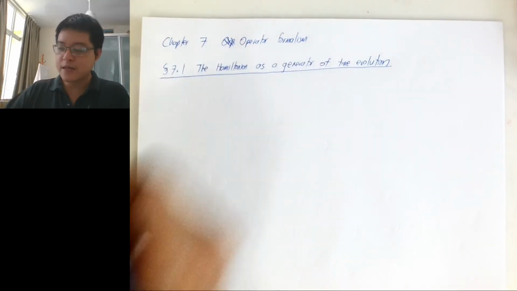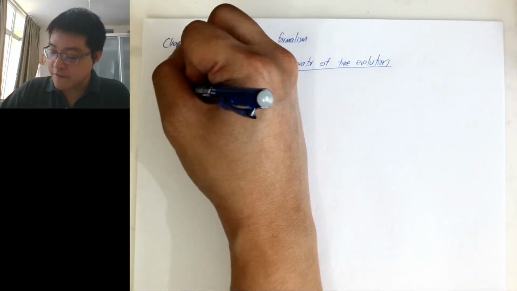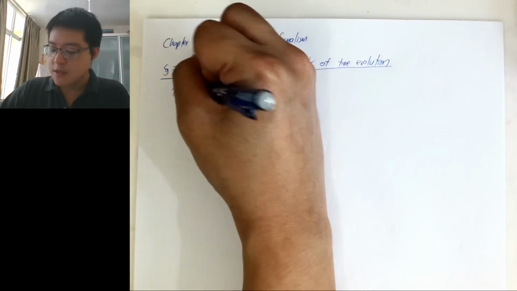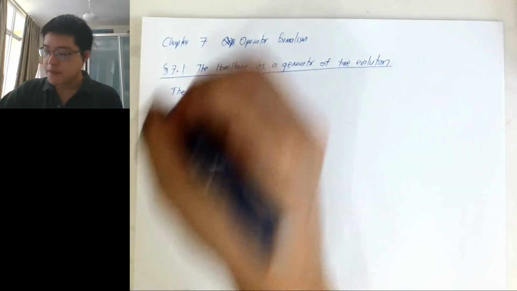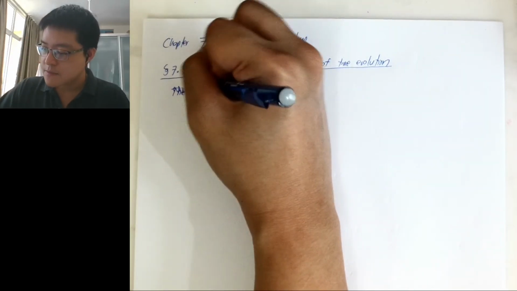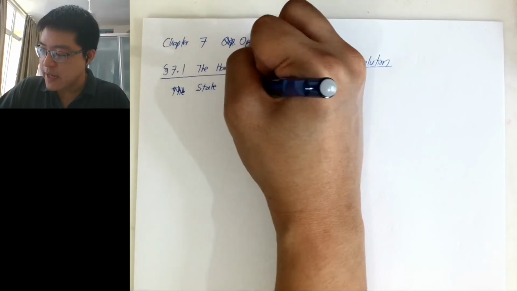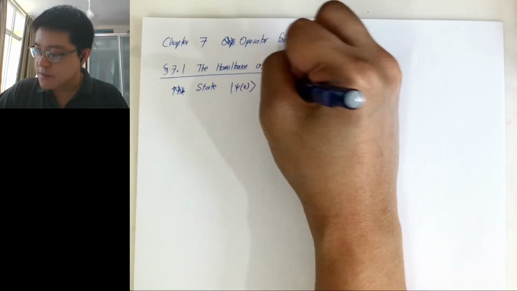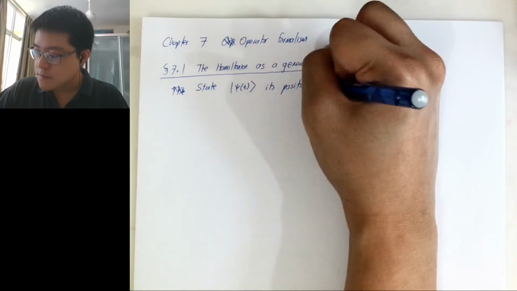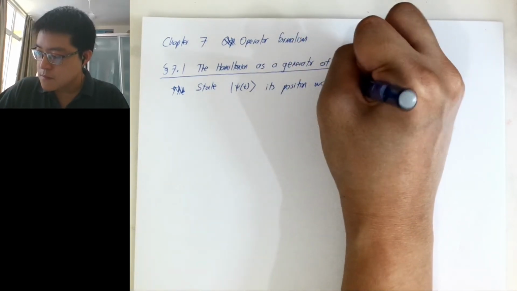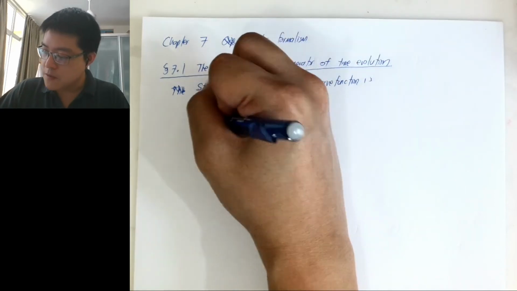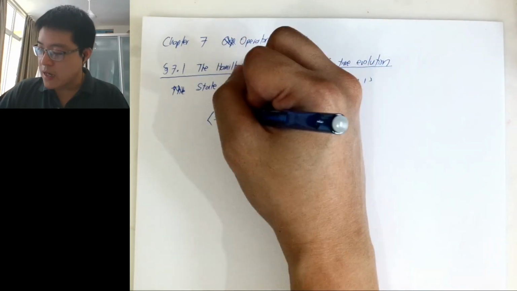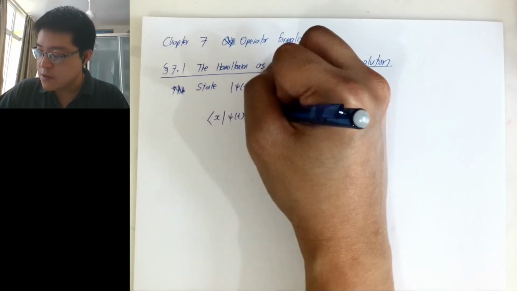It's going to be slightly more mathematical, but it's nothing new. In fact, we write down the position wave function using our usual formulas. Let us start with my quantum system in any state psi of t. If I want to find its position wave function from the ket, it's going to be a function of x.